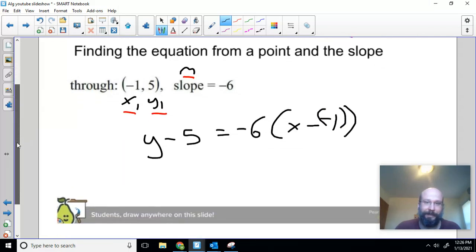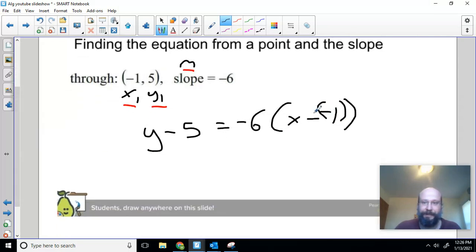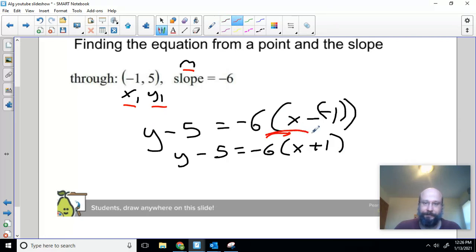The thing to be aware of and to look out for is that when you're subtracting a negative, just like last time, this turns into positive. So you really have x plus 1. And now we're going to simplify by distributing. So y minus 5 equals -6x minus 6.